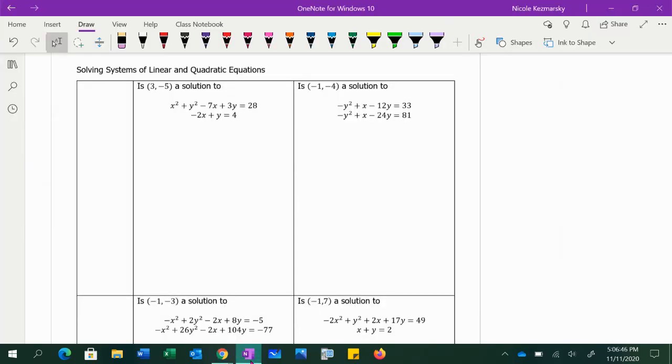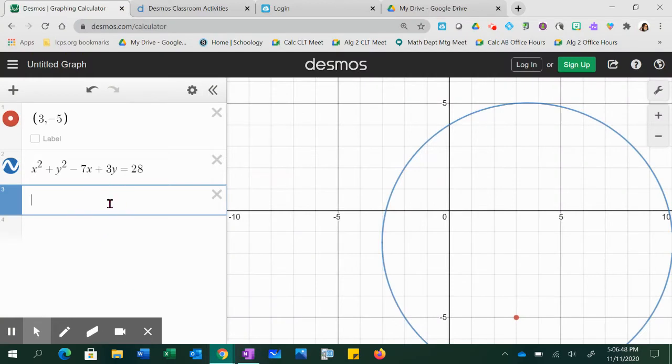So then I'm going to type in negative 2x plus y equals 4. And sure enough, if I look at where the green and the blue intersect, I've got some gray dots that Desmos shows me, and those intersection points are right there. It is not 3, negative 5.